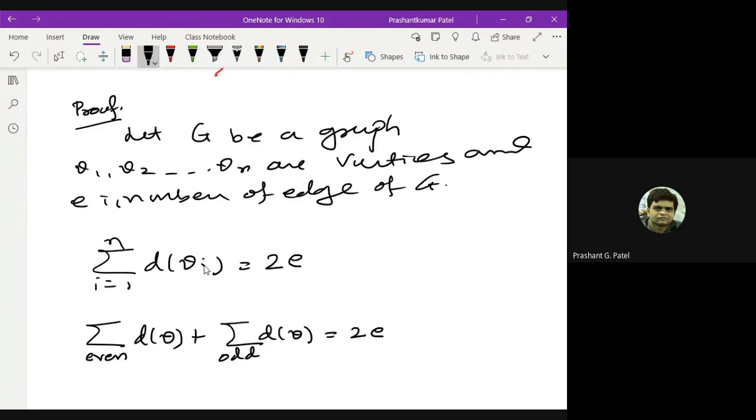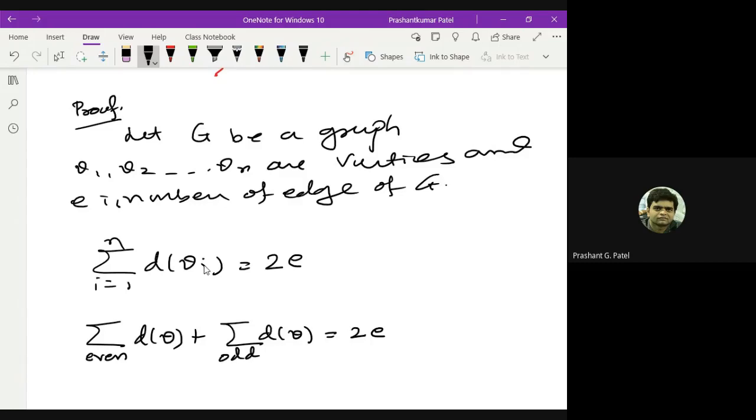So what we are doing is separating this summation into two summations. In the first one, we put all those vertices which have even degree, and in the second summation, we write all those vertices which have odd degree. Now, what is the sum of even numbers? Each d of Vi here is an even number.